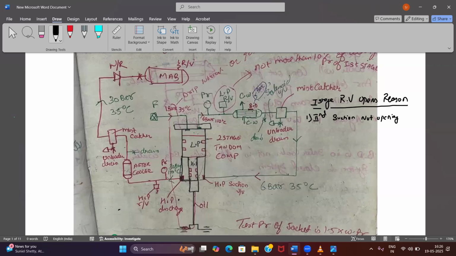What you said, you were right, but you can frame it as if my second stage suction valve is leaking. When you say the second stage suction valve springiness is reduced, it will open.